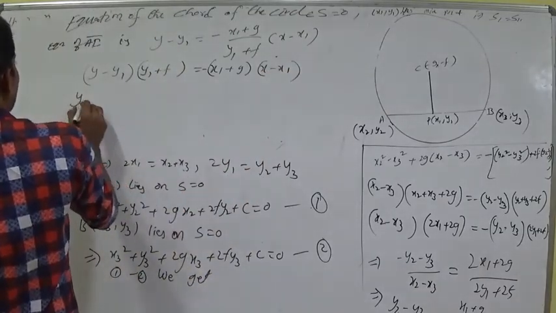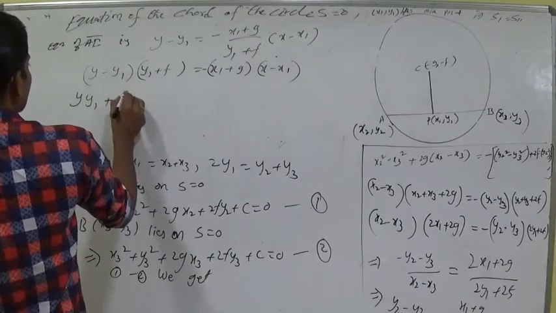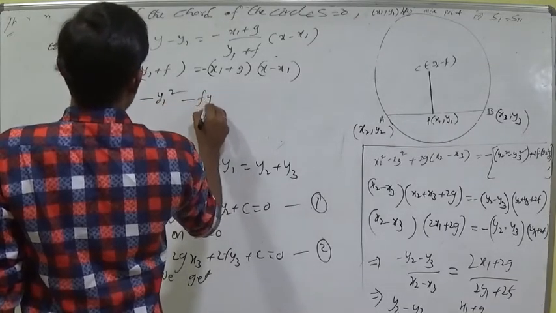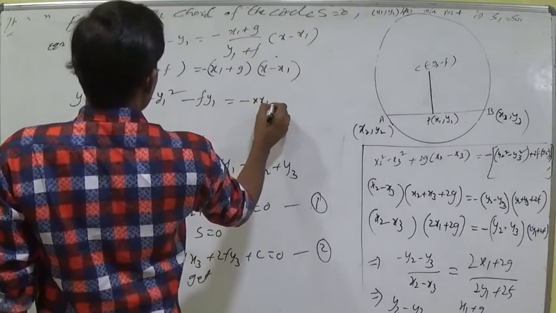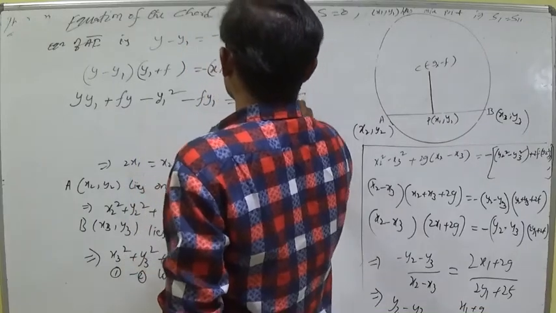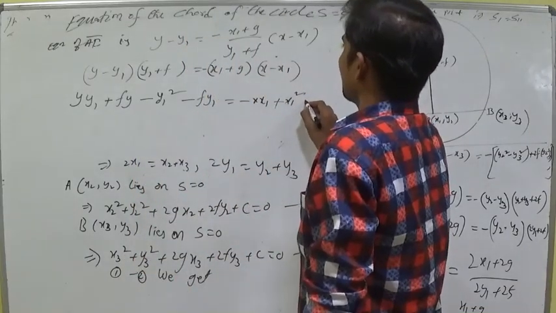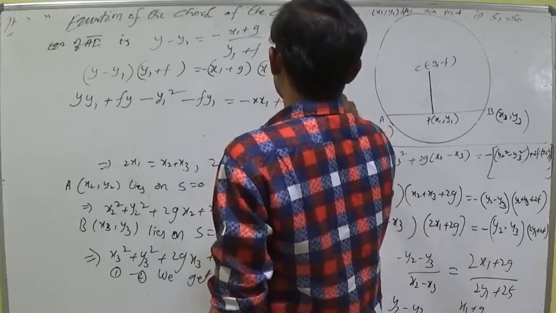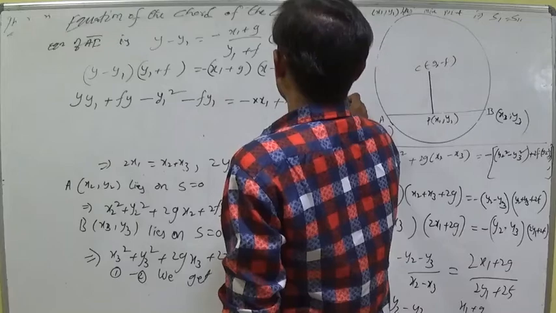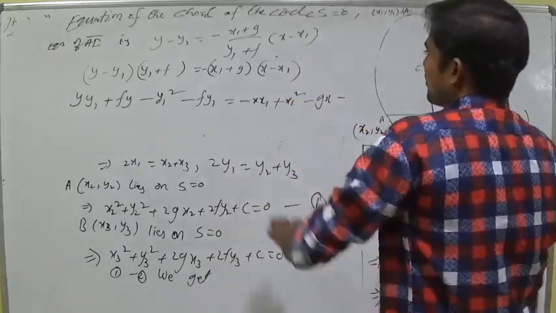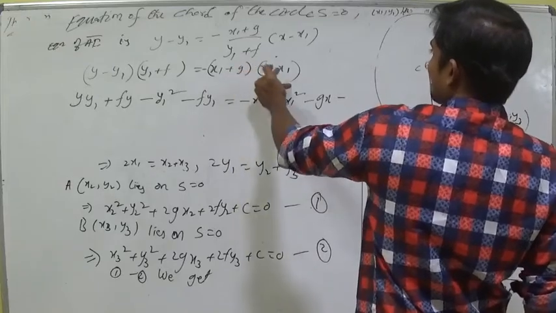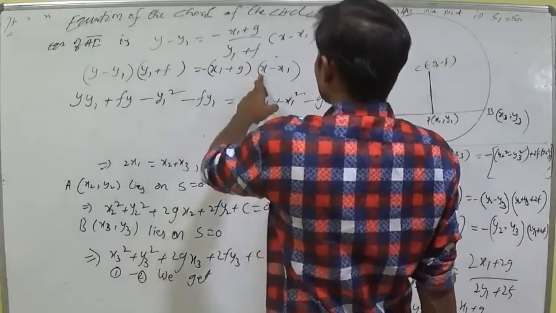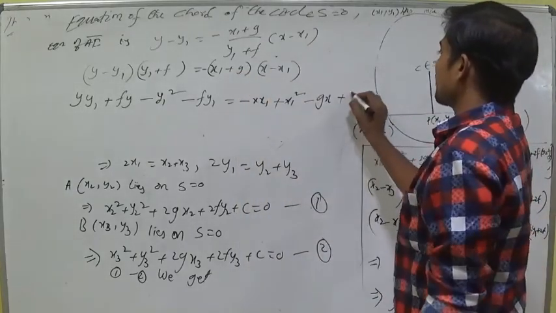So y1 plus fy minus y1 square minus fy1 is equal to minus xx1 plus x1 square, and then minus gx, see, minus xx1 and x1 square. Now minus gx, right, and then plus gx1.